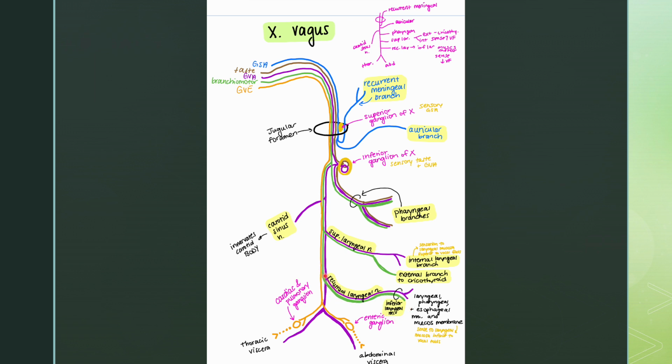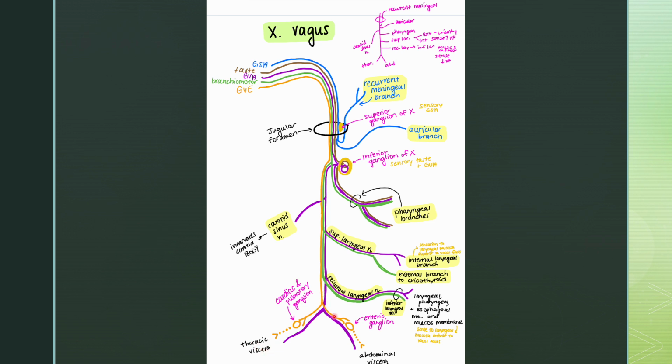So then finally, we have some more somatic sensory as well as these visceral motor fibers that have not synapsed anywhere going all the way down. Cranial nerve 10 continues all the way down into the thoracic and abdominal world because you have a cardiac and pulmonary ganglion where the parasympathetic preganglionic fibers synapse and go to the thoracic viscera, along with some visceral sensory.